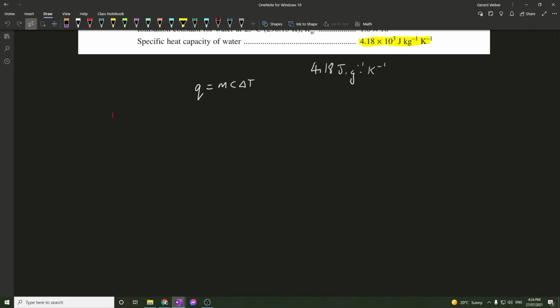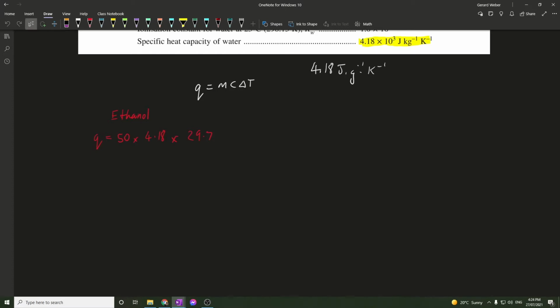So for ethanol, Q is going to be equal to 50 grams of water, which is what we use in the beaker, times 4.18, just taking that straight from the data sheet, multiplied by 29.7, which is the change in temperature that we observed.